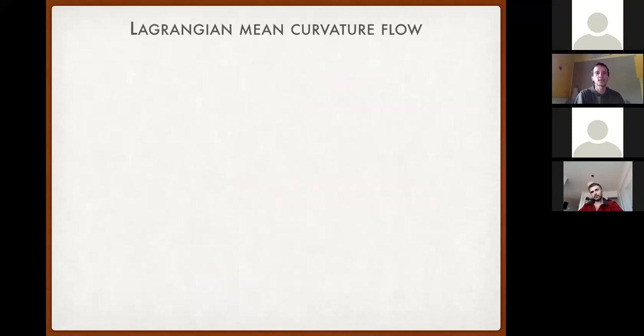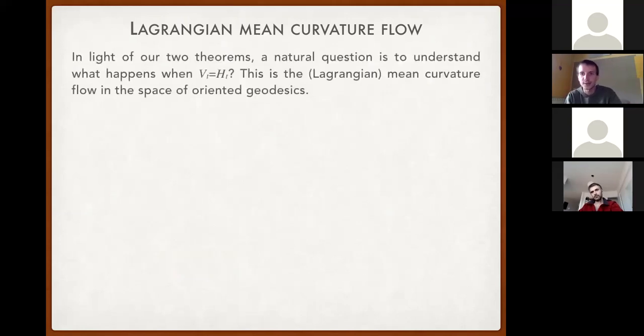Probably everyone got lost. But I can now finish by saying something about this question of the flow defined by Ben Andrews. So in light of our first two results, now it's a very natural question to ask. In the first result, we had this Maslov class, so we basically fed omega with the mean curvature vector. And in the second result, we were feeding omega with some sort of Hamiltonian vector field.